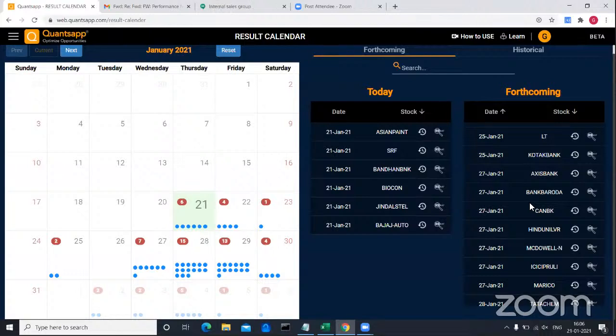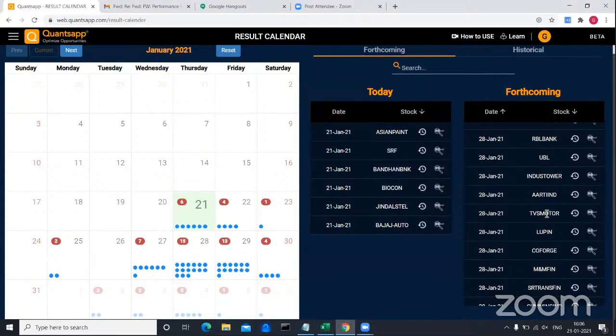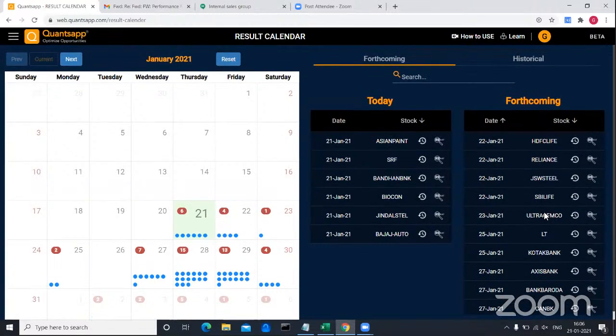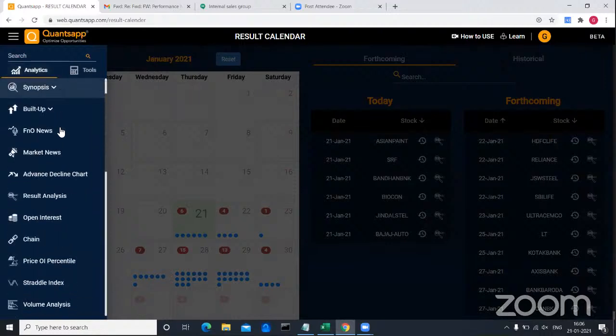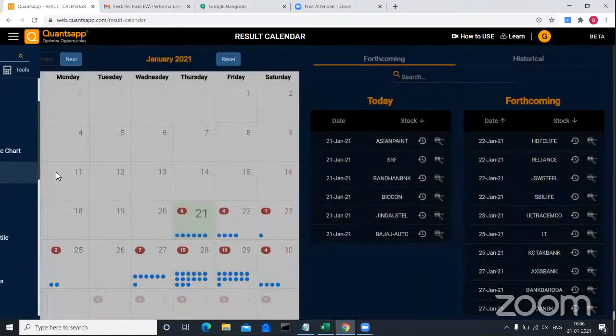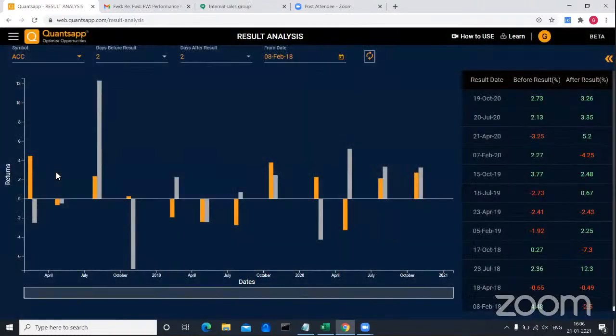Now suppose let's take any company which is expected to announce its result nearby. So let's take Kotak Bank only. That's on 25th Jan. So now I'm looking towards the result analysis tool, and we'll see why I keep taking you through the result calendar, then result analysis.